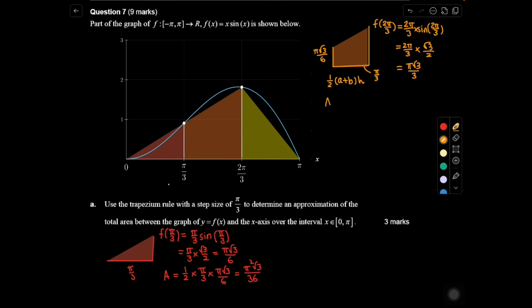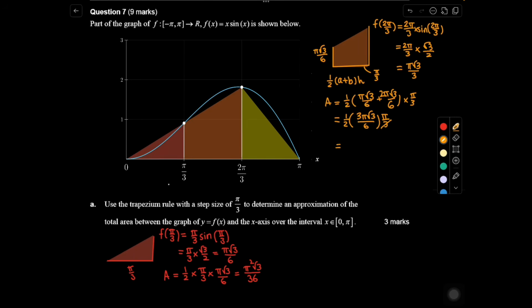So now we can work out the area. So we get our area is equal to half (A plus B) times our height. So it's very important to be careful here as we add this up and simplify it. So inside the brackets, you can see how this is a 3. I want it to be a 6 so I can add these fractions together. So what I'll do is I will multiply it by 2 over 2. And you can see how that leaves us with 3 pi root 3 over 6.